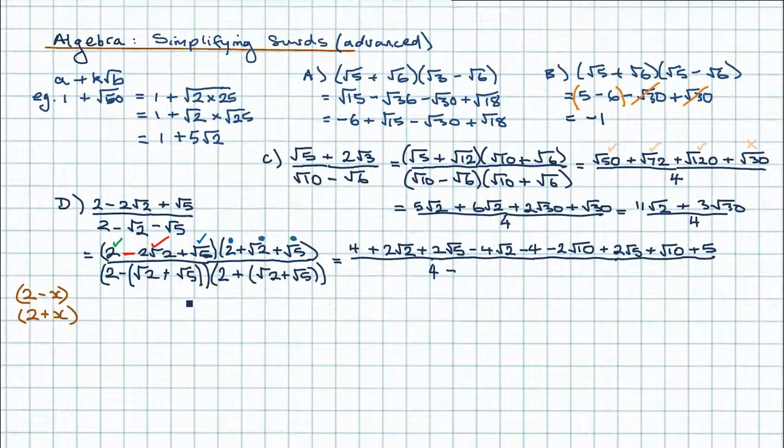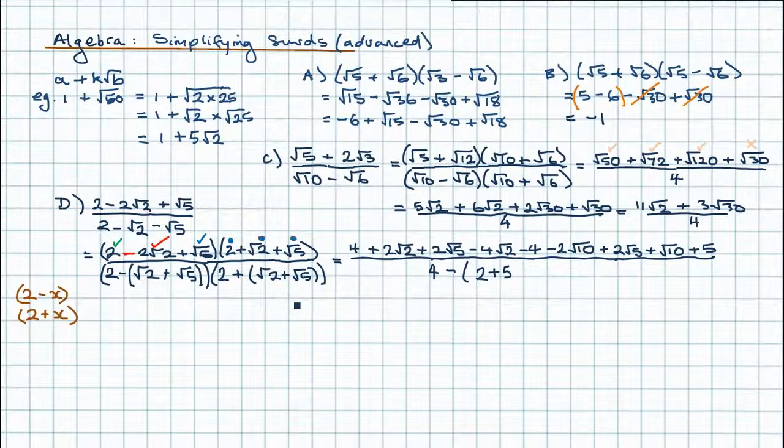So we're going to do first and last first. So we've got, if I put brackets here, root 2 times root 2, well that's going to be just 2. And our last is root 5 times root 5, so root 5 times root 5 is just 5, so plus 5.